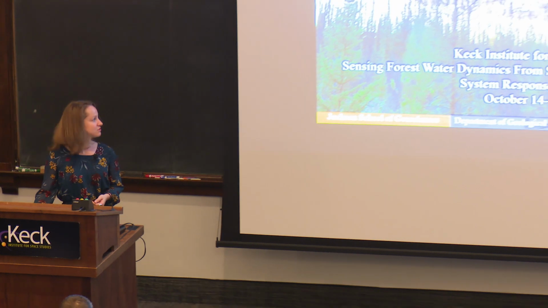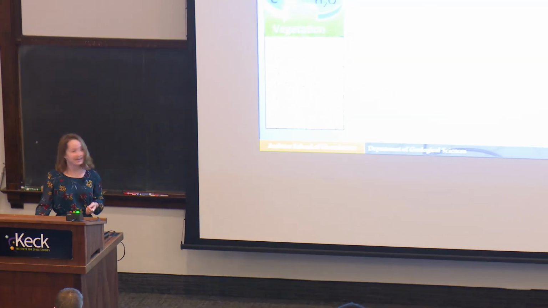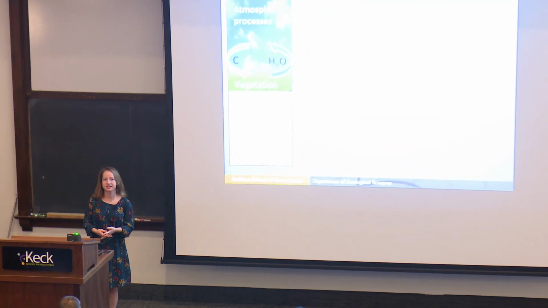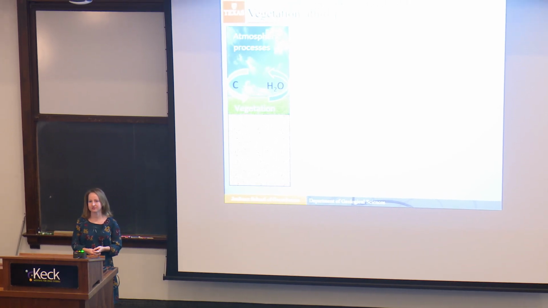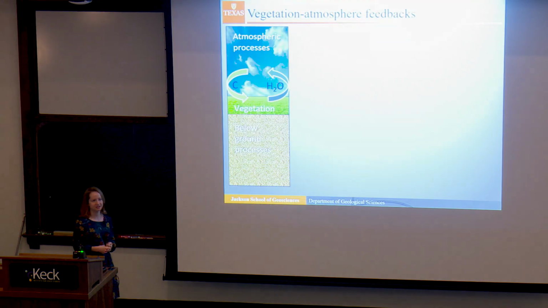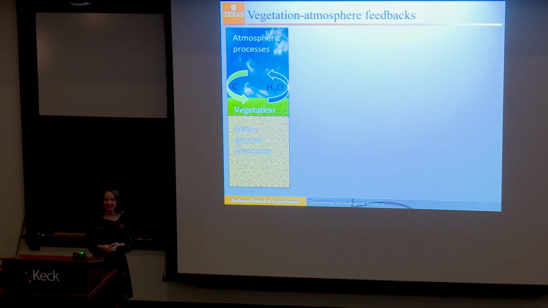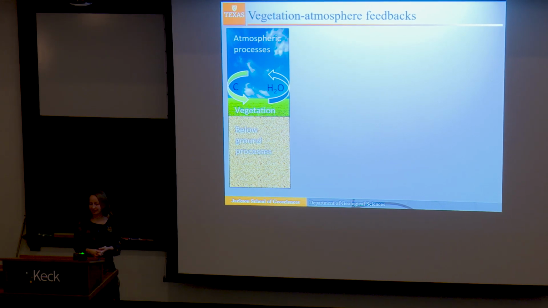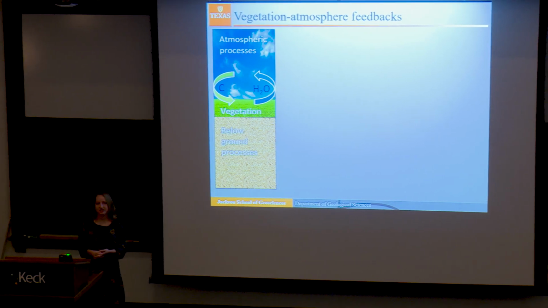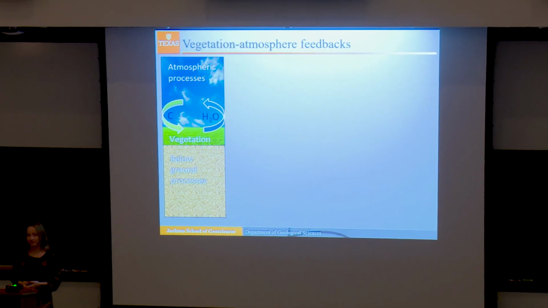So I guess I'll start with why we're all here. And I think we all understand that we are here because vegetation is integral for the role it plays in the water cycle, recycling about 63,000 cubic kilometers of water every year, and also providing the largest terrestrial carbon sink. And so in terms of vegetation, that's what I think about for plants.